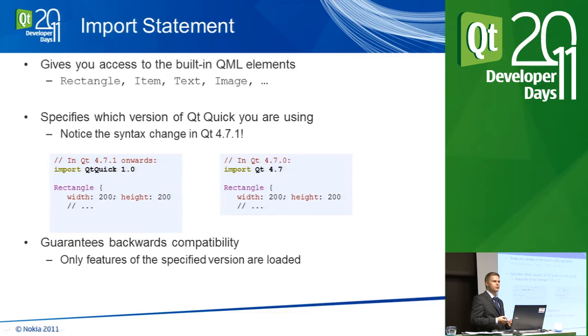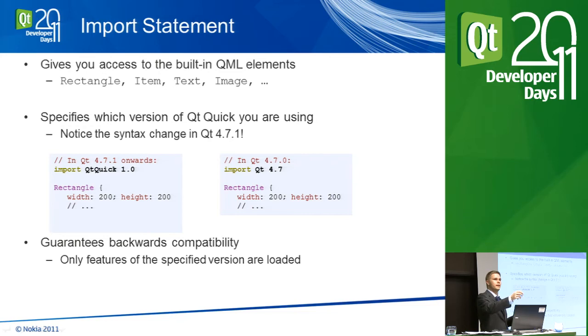In the previous days in Qt 4.7.0, when QML first came into Qt, the import clause was a little bit different. At those days, we said import Qt 4.7. And this is also something that you still need to do on N900 MIMO device, except if you install the Qt Quick Compats package.